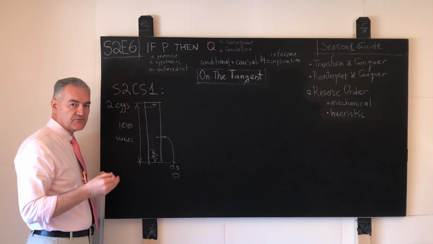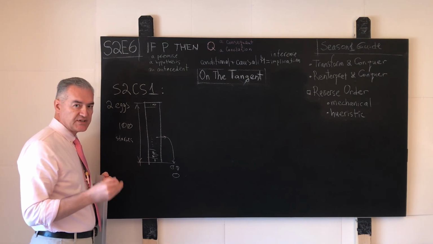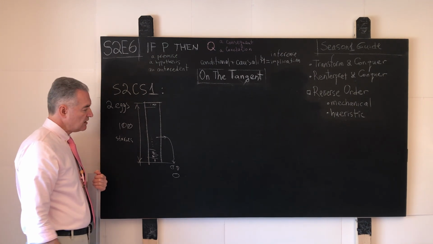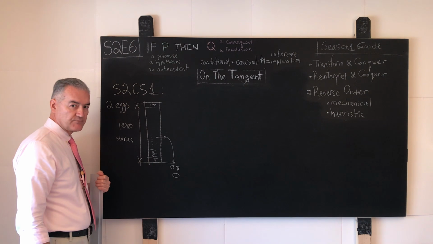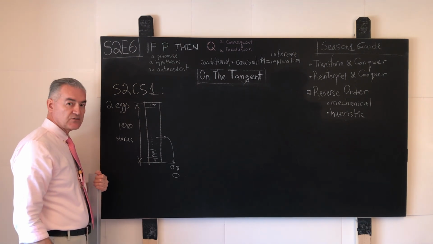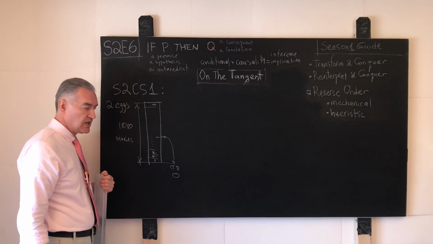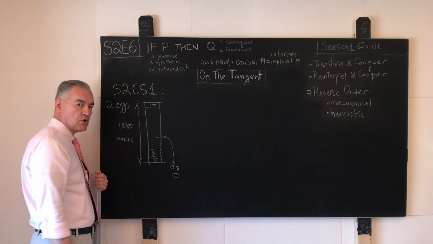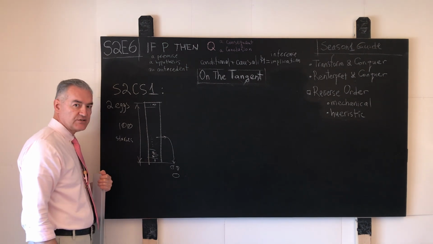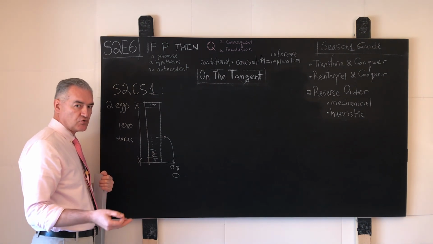the respective testing scheme or testing algorithm for the number of egg drops that will detect with absolute certainty the lowest floor, the fall from which either of these eggs will not survive.